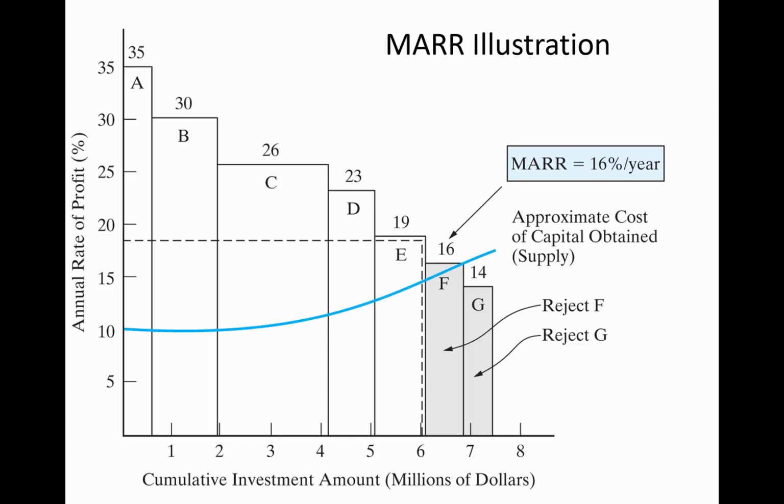Let's think about what the decision criteria is. For example, with project A, if you have to borrow money from a bank, and the bank says that you have to pay them 10% interest, but you know the project is going to give you a 35% rate of return, think about whether that project makes sense.